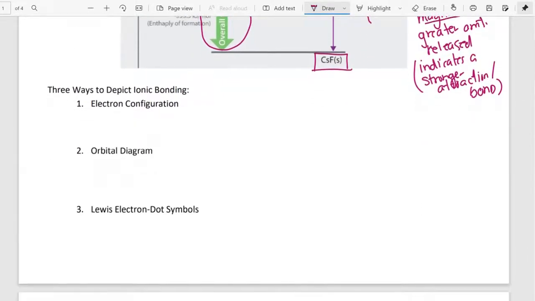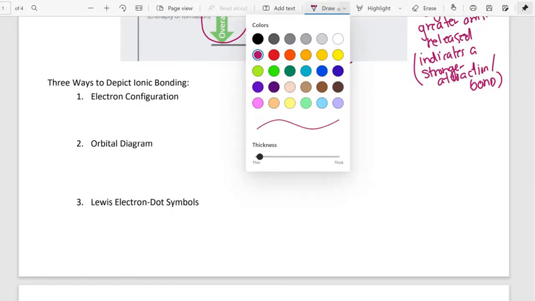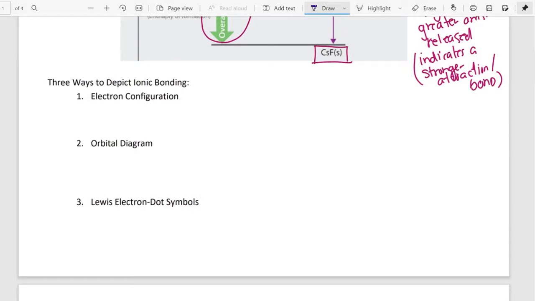One little thing that I want to talk about is three ways to depict ionic bonding, and it has to do with how we show this transfer of electrons. We're going to use lithium fluoride, the formation of the lithium fluoride compound. We have a lithium atom and a fluorine atom.